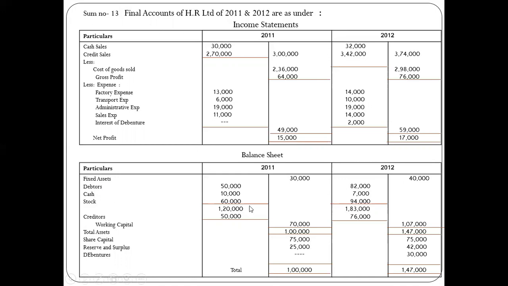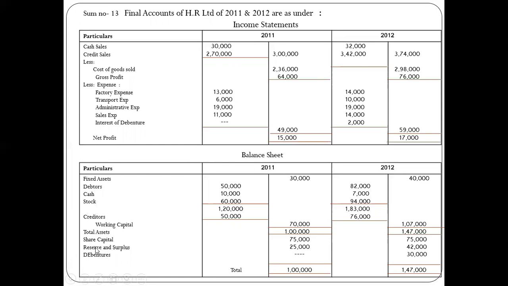This is also there in 2011 and 2012. Then we have creditors. When we subtract the creditors from the current assets, we get the working capital. Creditors means current liabilities. So in current liabilities, there is only one detail, that is creditors.